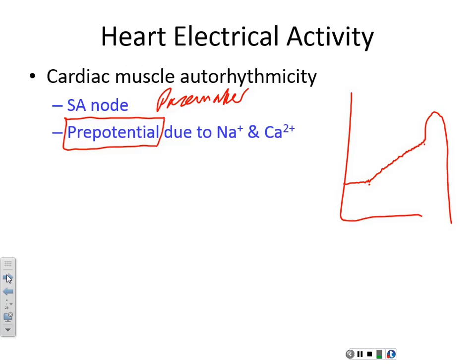I want you to be able to explain those terms and the ions involved. Calcium is the ion responsible for that. It seeps in ever so slowly, so that depolarization doesn't make that upward swing. It slows down, then it depolarizes.